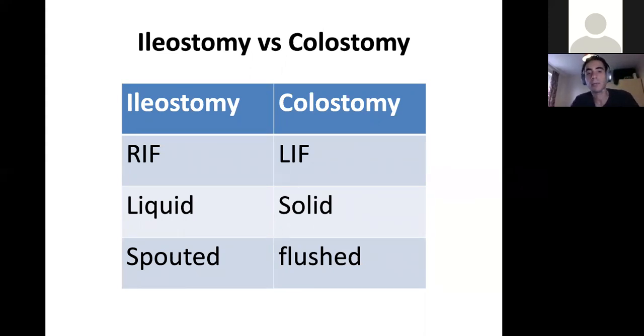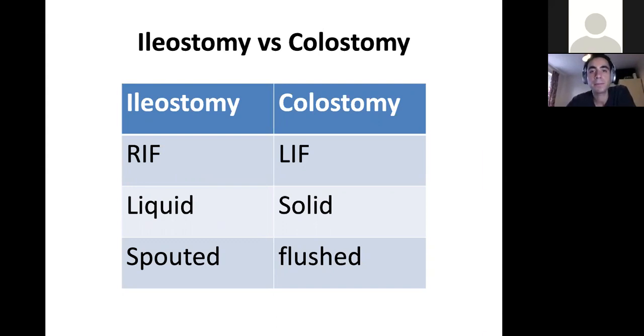With ileostomies we worry about the contents on the skin, so we tend to get spouted, while a colostomy tends to be flush. And differentiating loop, which means in a loop ileostomy you see two bowel loops. That table is a quick summary to differentiate between an ileostomy and a colostomy.